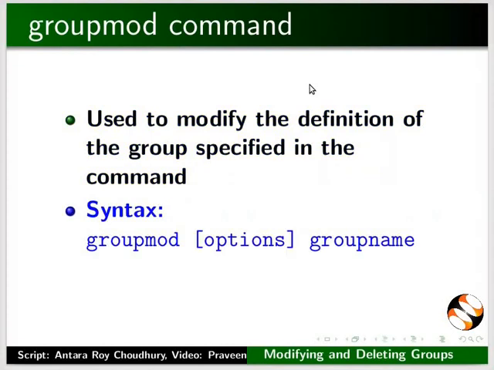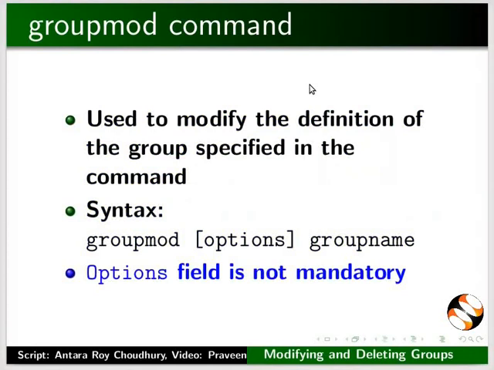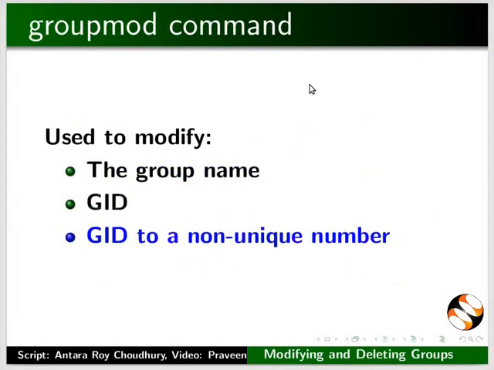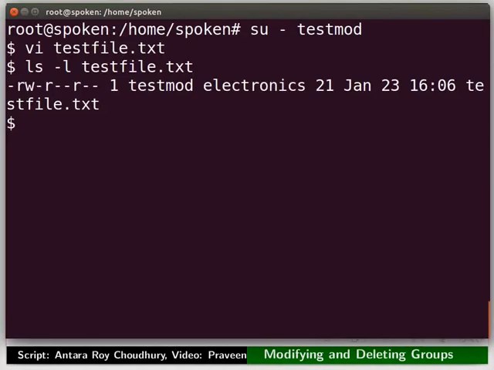This is the syntax. Here, the options field is not mandatory. Groupmod command can be used to modify the group name or GID to a non-unique number. Suppose we want to modify our group's name from Electronics to Electrical. To do so, first let me switch back to the root login.